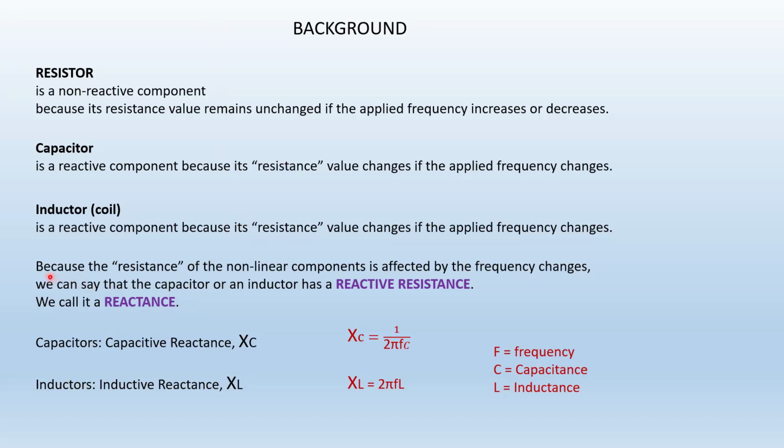So let's keep going. Because the so-called resistance of the reactive component is affected by the frequency changes, let me rephrase that: because the resistance of the component changes when the frequency changes, we say that this component has a reactive resistance, because the resistance value is a reaction to the different frequency.